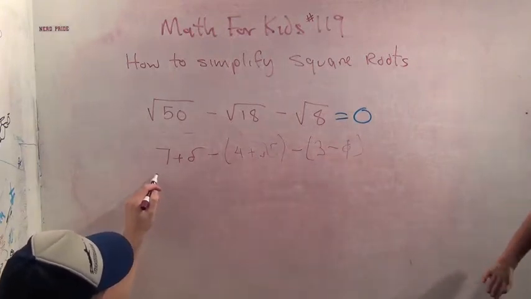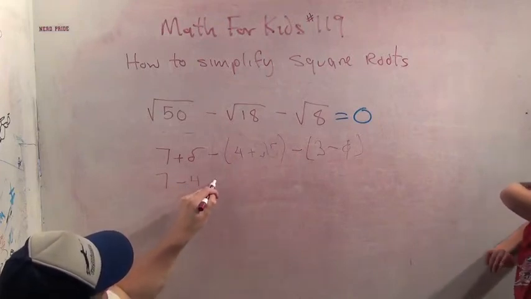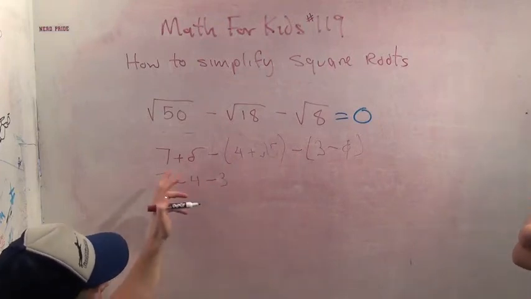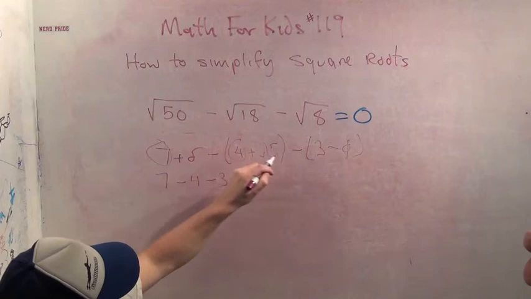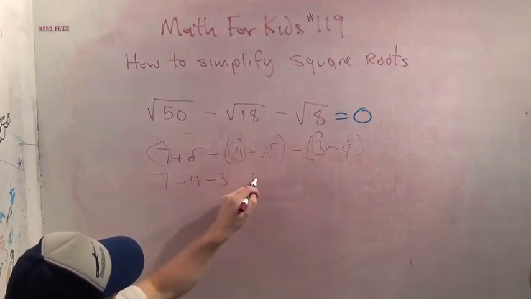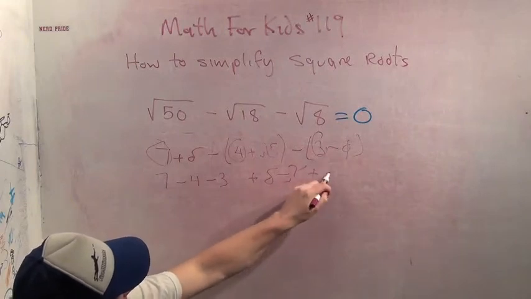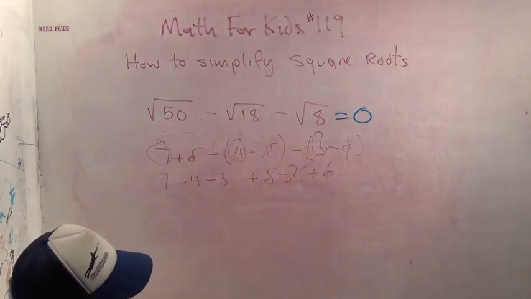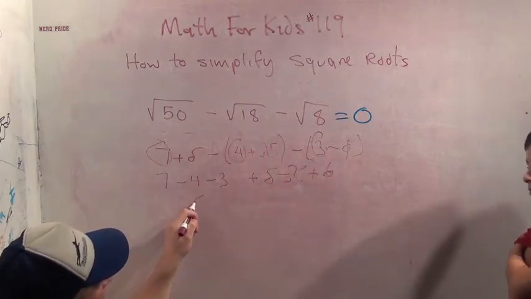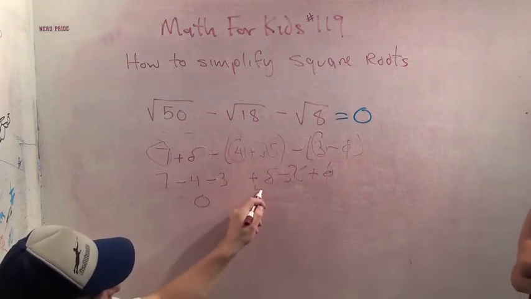Okay, so this is equal to 7 minus 4 minus 3, plus little number minus little number plus little number. We can't factor a squiggle. So this is 0, and then some little number.